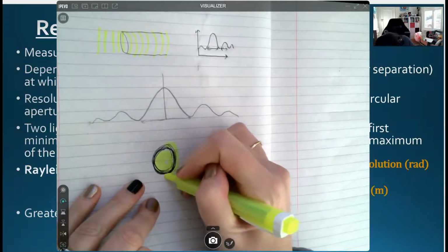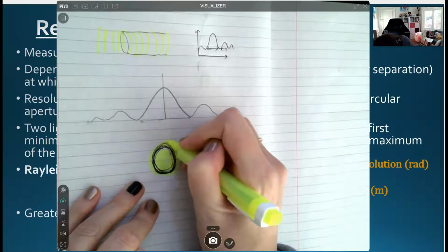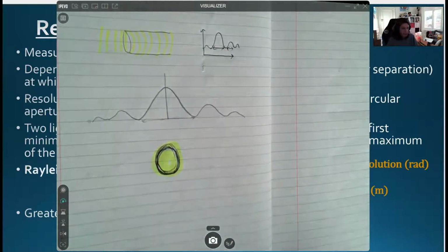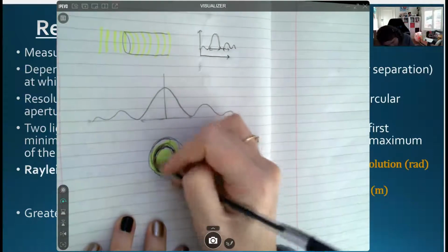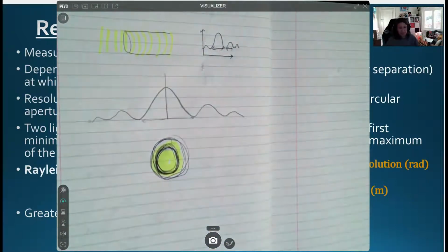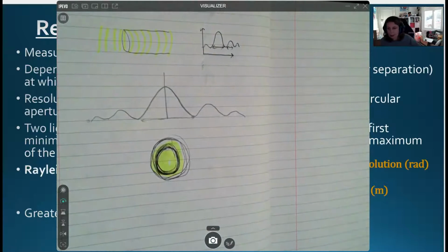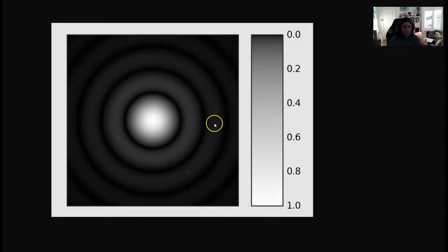You don't really need to draw it half the size, you just need to draw it smaller than the Airy disc. So you get this sort of pattern. I'll just show you what that looks like in a real telescope image. So this is what it looks like in a real image. So you get these black lines you can see, okay?